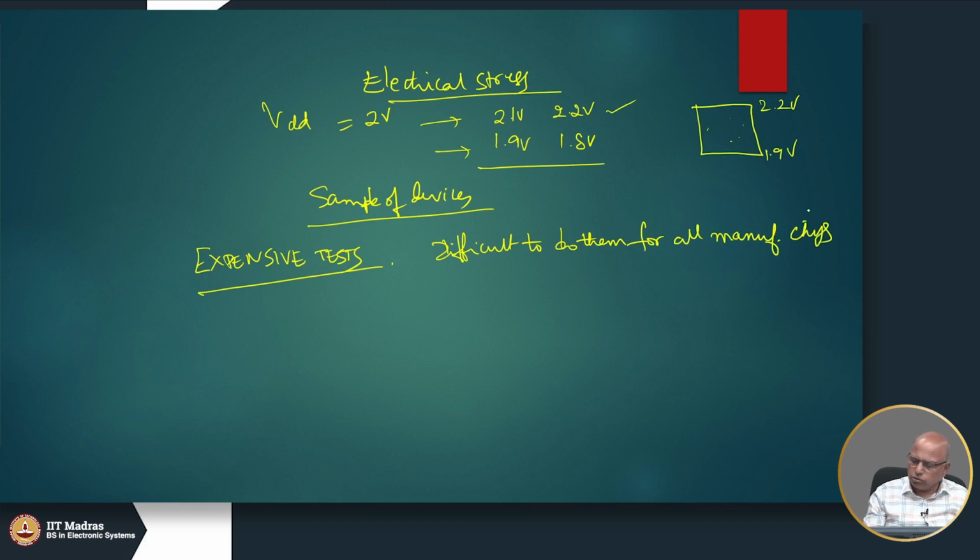Therefore, you may want to sample devices and apply to a sample, and then try to use some sort of intelligence to decide whether other devices have the same problem. That is what I was referring to.